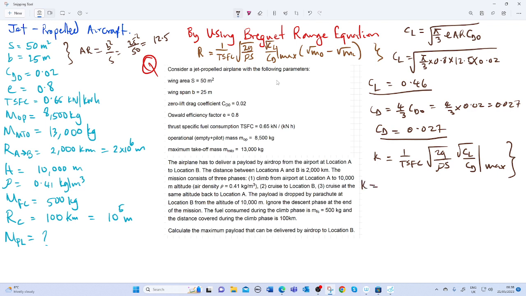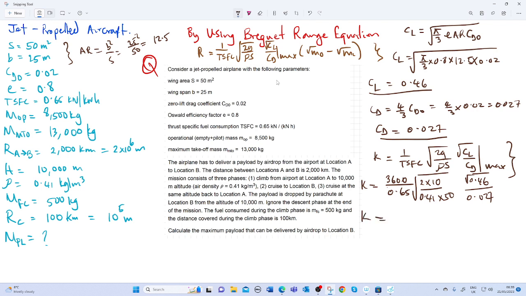So our constant becomes 3,600 over 0.65 times the square root of 2 times 10 over the density, 0.41, times 50, multiplied by the root of CL, 0.46, over CD, which is 0.027.